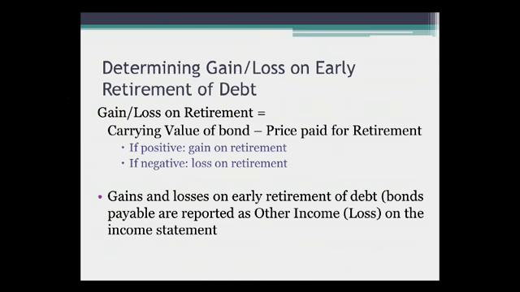If negative, there's a loss on retirement. So if the carrying value is that $102,000, but now they have to pay $105,000 to retire the bond, they take a $102,000 liability off their books, but in exchange they pay $105,000 for it. They're going to have a $3,000 loss.